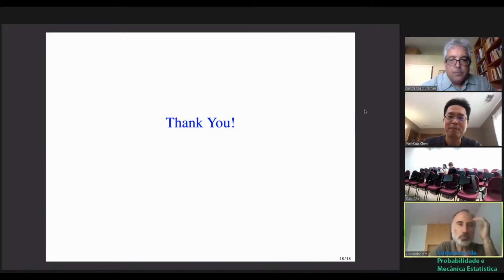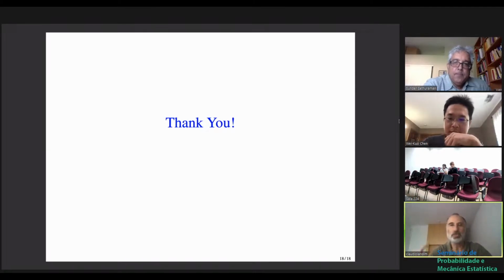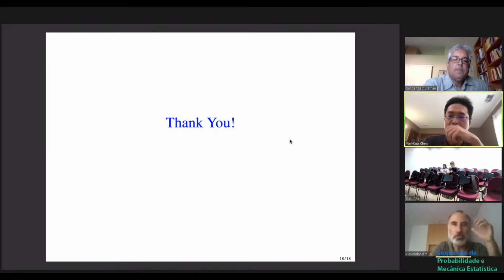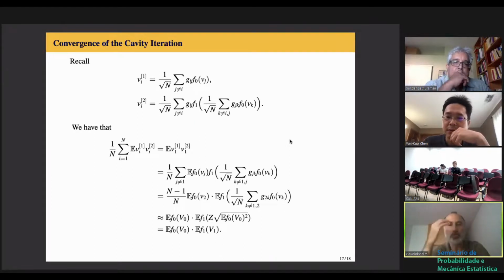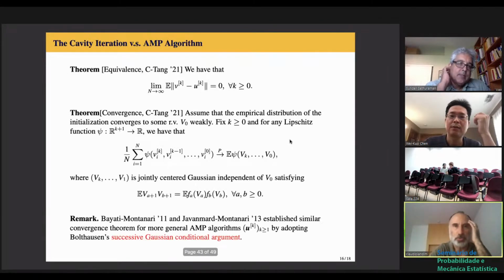I just wonder, you started from a Gaussian iteration, so maybe you could take something else, like a Bernoulli between spins. I would like to know how much of this goes through if you change the Gaussian to, say, Bernoulli or some other distribution.